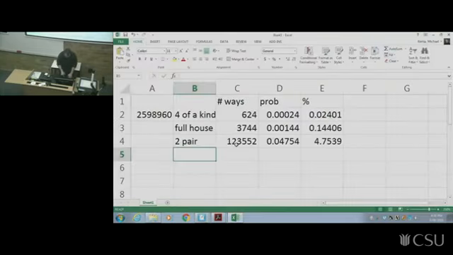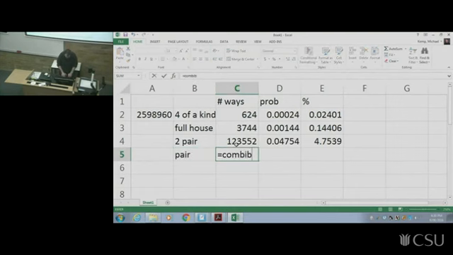So this is the pair. So 4 choose 2 for the suits for the pair, times the number of possible pairs, times choosing the numbers to make up the rest of it, and times the choices for the suits for the rest of the numbers.